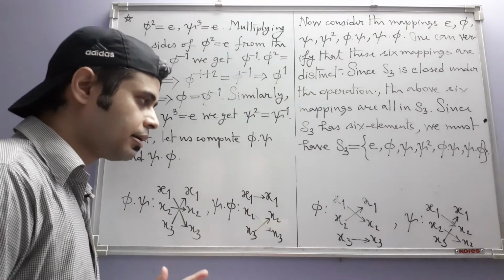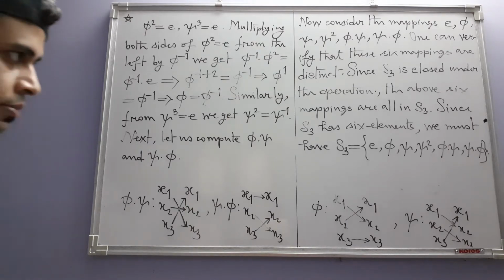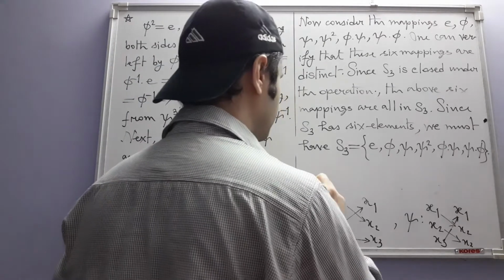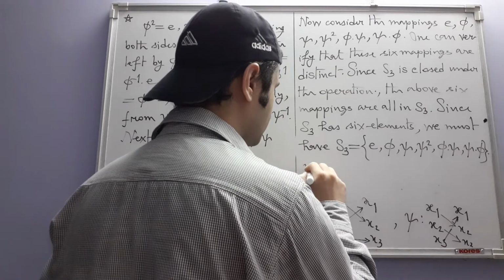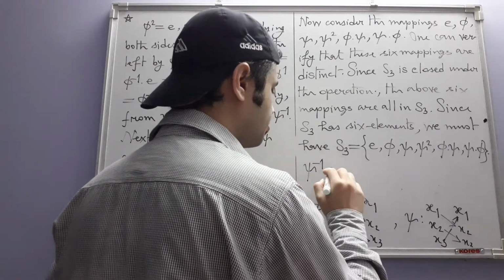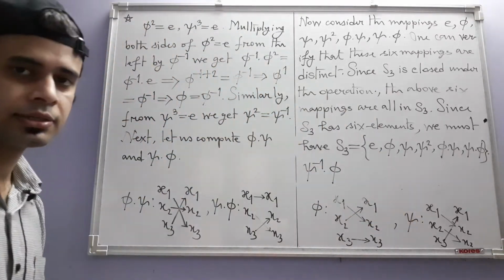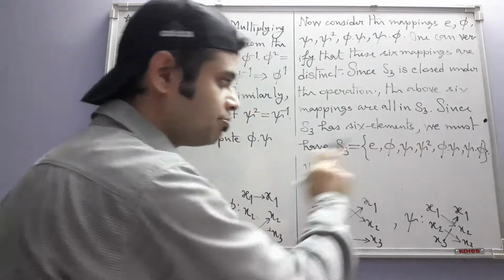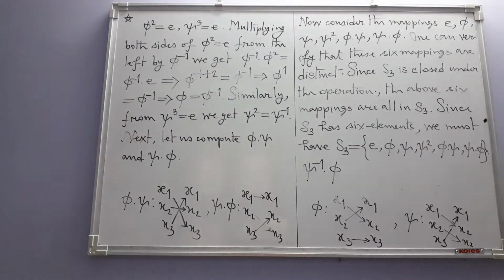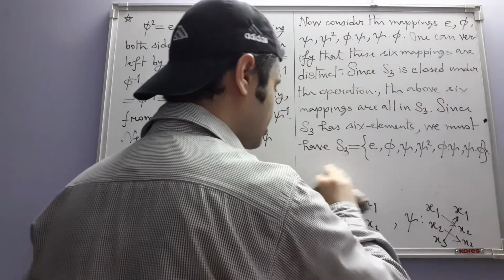Okay, now one can ask, for example, according to the closure property, if we take psi inverse and compose it with phi, this again has to be in S3, but which map is it? Suppose someone is asking that. Let us now try to see what map it turns out to be.